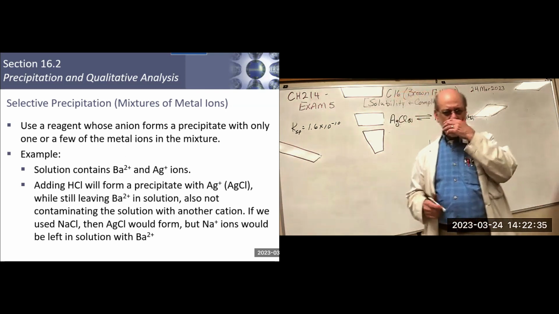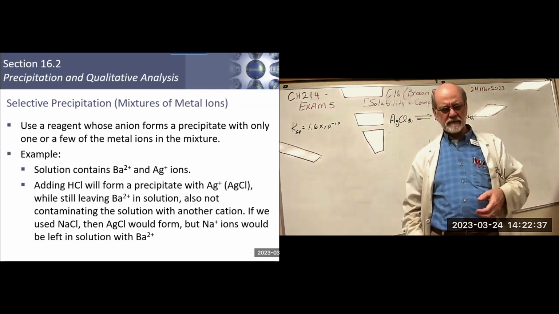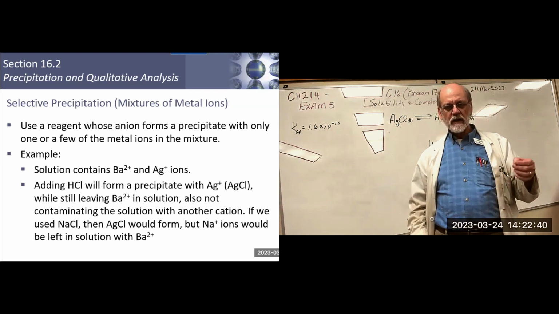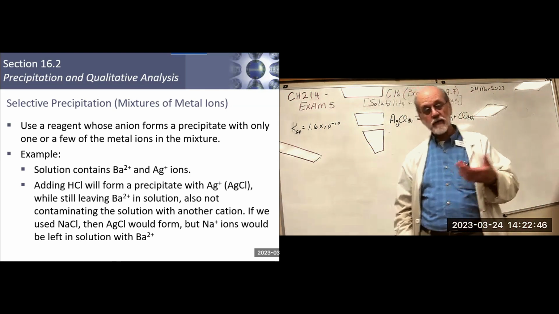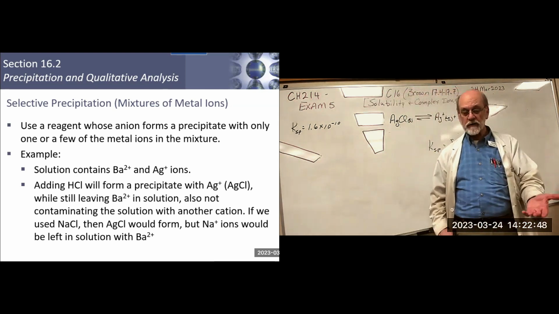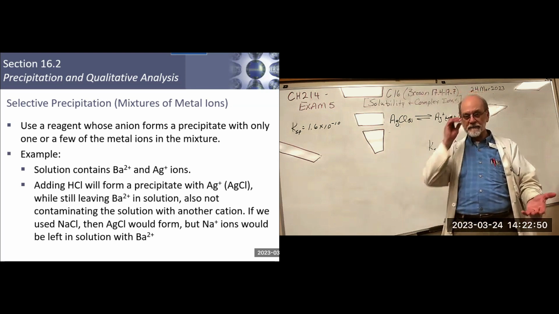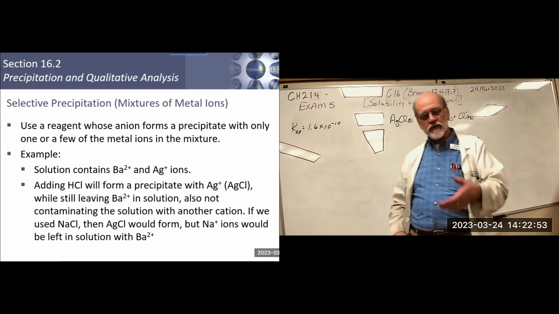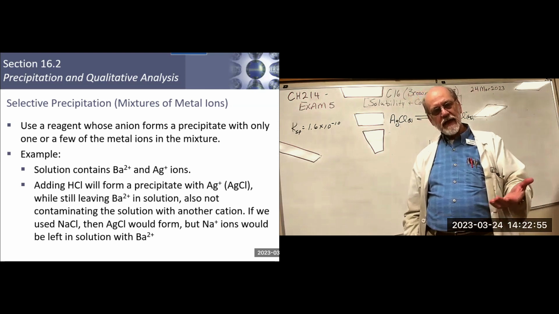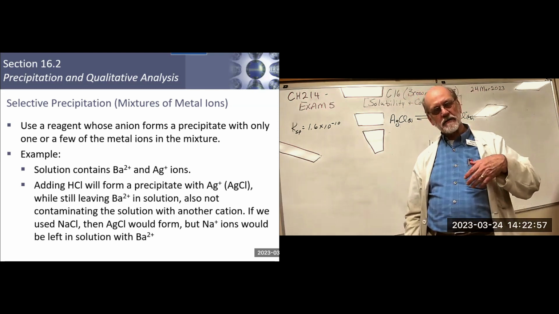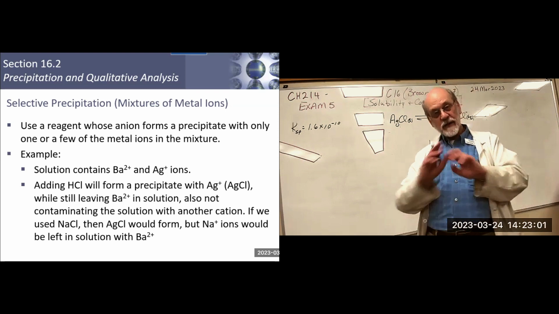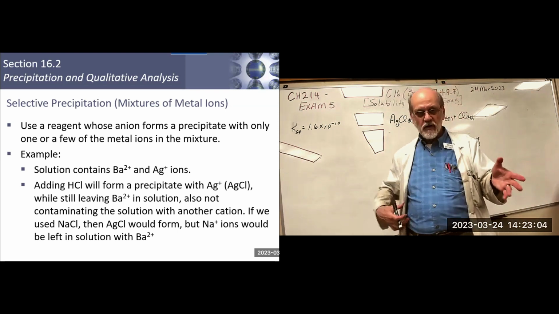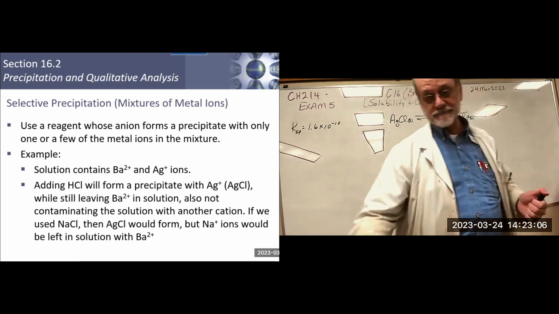Now, if we used another source of chloride, we could effectively remove silver as silver chloride. But if we use sodium chloride, then we're contaminating our solution with sodium ions, and then we've got to separate those from the barium. So that's another factor to consider.